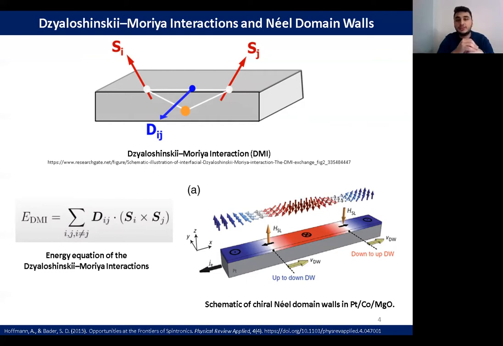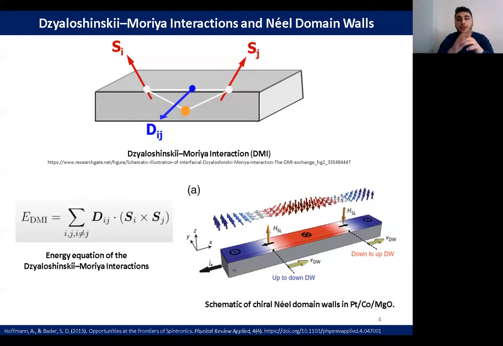As we can see in figure A, we can see chiral Neel magnetic domain walls with a platinum, cobalt, magnesium oxide composition. Here, the arrows which represent H_SL indicate spin domains that cause both types of domain walls, up to down and down to up, to move in the same direction against the electron flow direction.